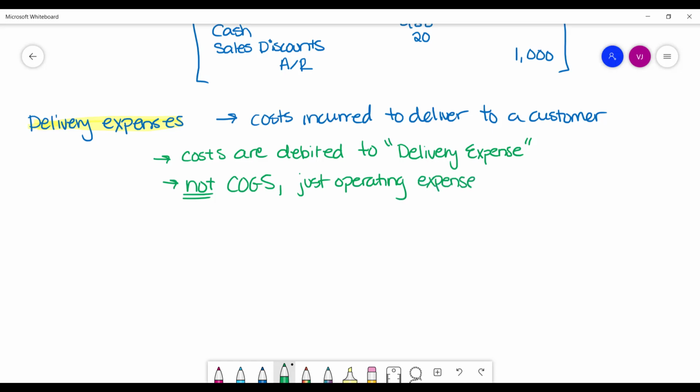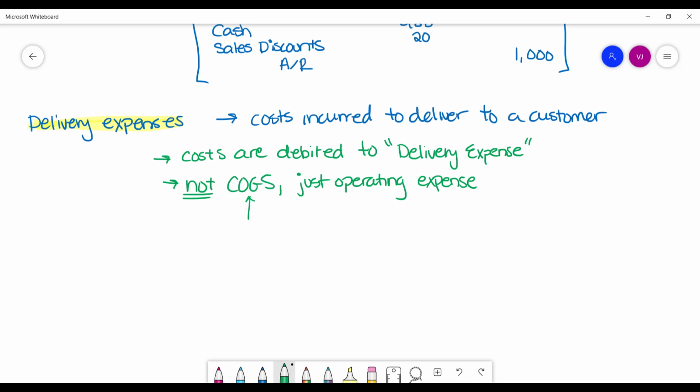And why do we do it this way? The answer is this is just what they've decided on for the rules for treatment of delivery expenses under US GAAP. It would make sense in a way to include it as part of the cost of goods sold. But remember, cost of goods sold is the cost of the goods we sold, the overall cost of obtaining that merchandise. Once you sell it, it goes into cost of goods sold. A delivery expense happens after the fact, right?